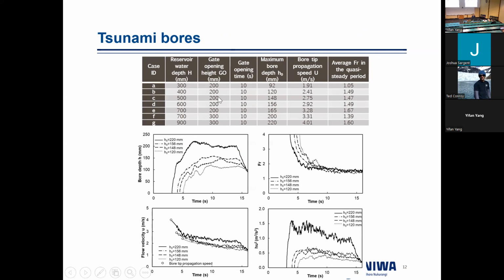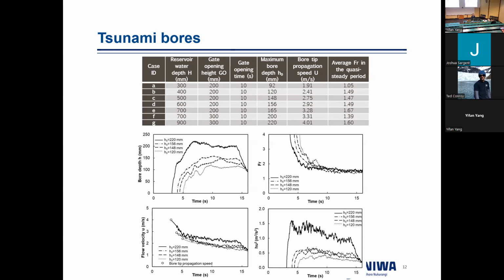With different combinations, if we lift the gate for reasonably long, we can generate different bores with different bore depths, propagation speeds, and also different Froude numbers. The maximum bore depth can be 0.2 meters in the lab.